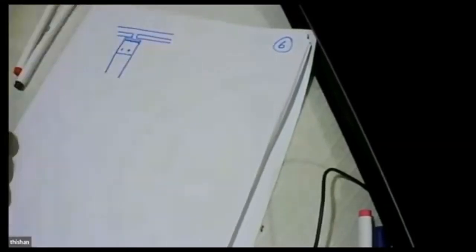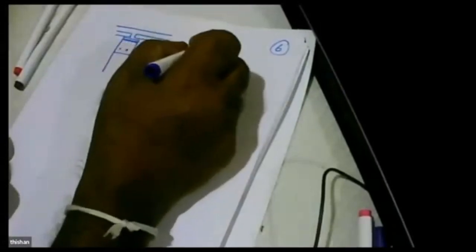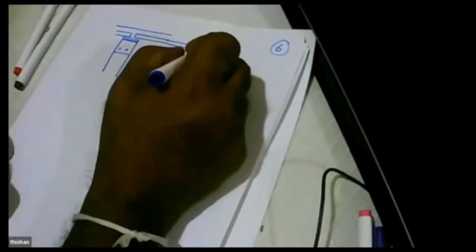If you have a flat roof, it's ideal to have a lintel and then have a bitumen sheet and then support the slab and make it continuous. And on this side it is supported on the beam.